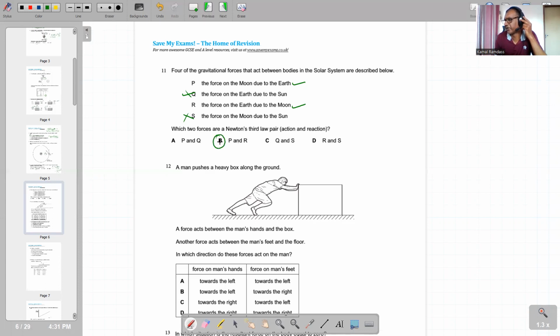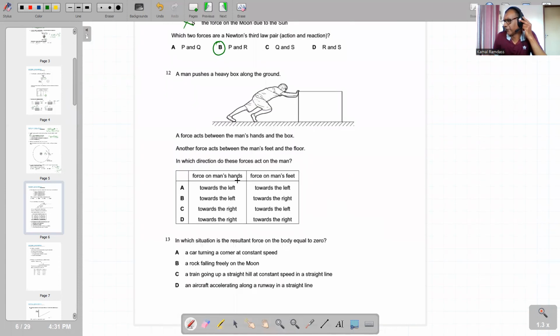A man pushes a heavy box along the ground. A force acts between the man's hands and the box. Another force acts between the man's feet and the floor. In which direction do these forces act?